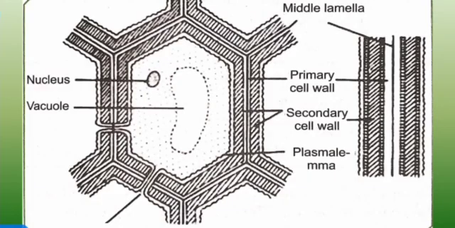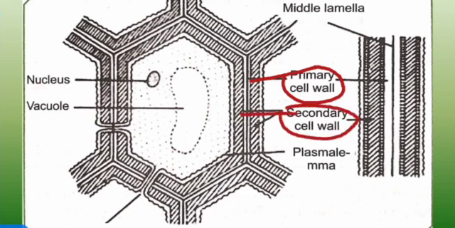Here in this picture you can observe the plasmodesmata clearly. You can observe the first formed layer, which is called the primary cell wall. Inner to the primary cell wall, one more layer is present, called the secondary cell wall.